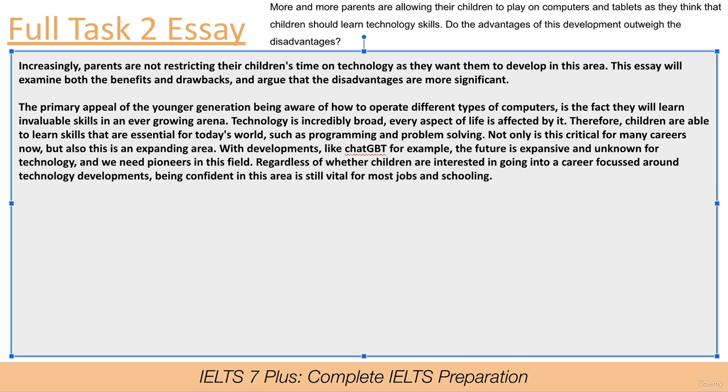Not only is this critical for many careers now, but also this is an expanding area. With developments like ChatGPT, for example, the future is expansive and unknown for technology. We could have a dramatic short sentence here. We need pioneers in this field. Regardless of whether children are interested in going into a career focused around technology developments, being confident in this area is still vital for most jobs and schooling.